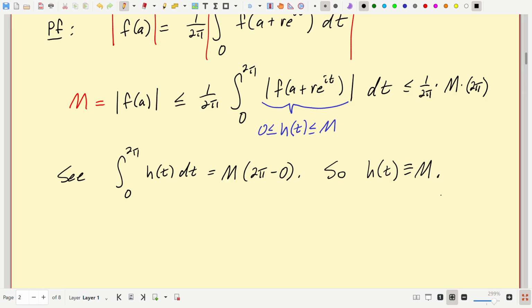Okay, so what do we conclude here? We conclude that f of a plus r e to the it is identically equal to M as t goes from 0 to 2 pi.